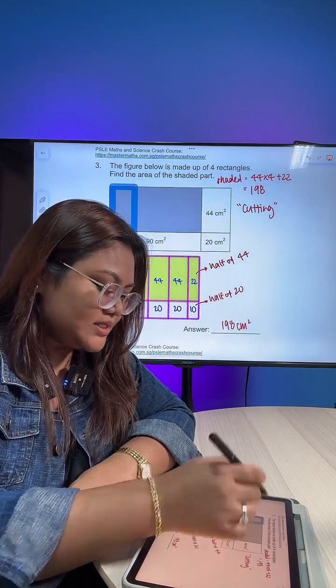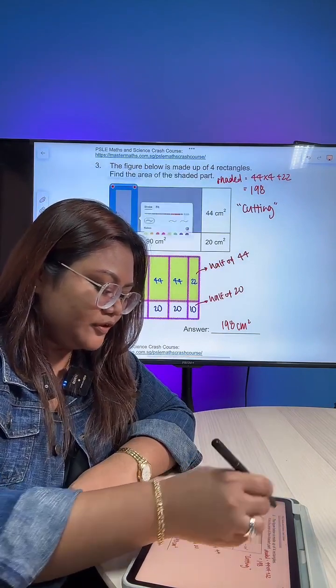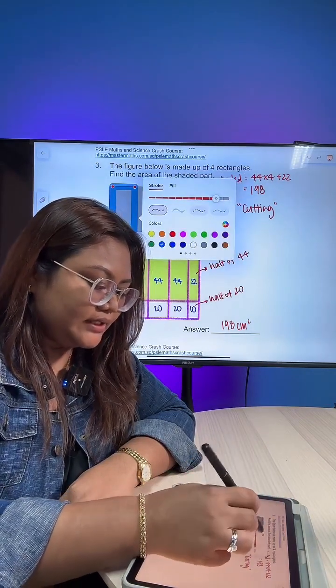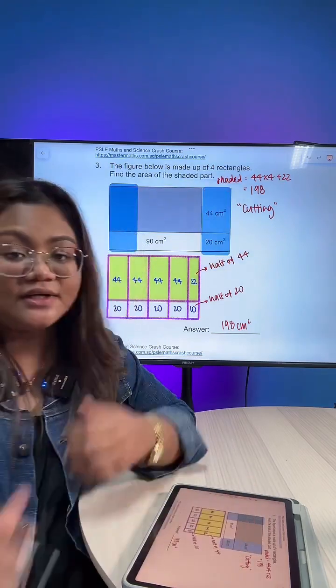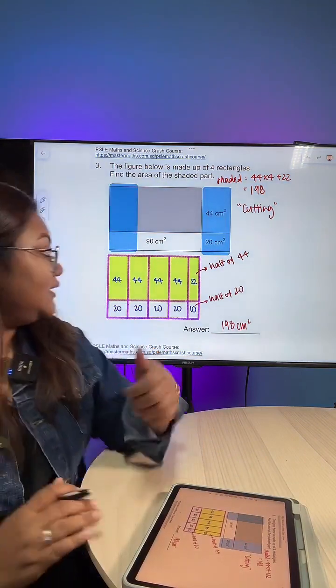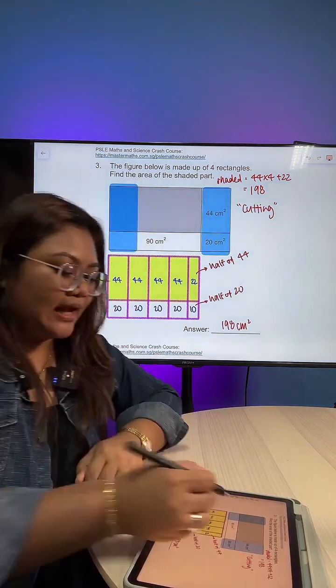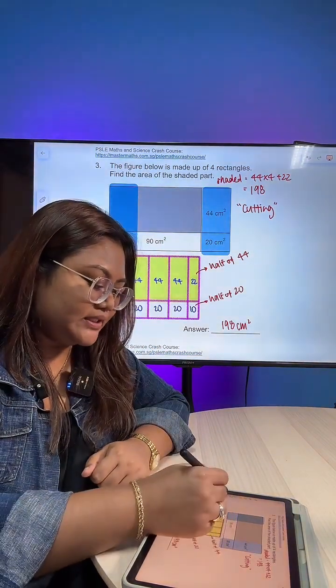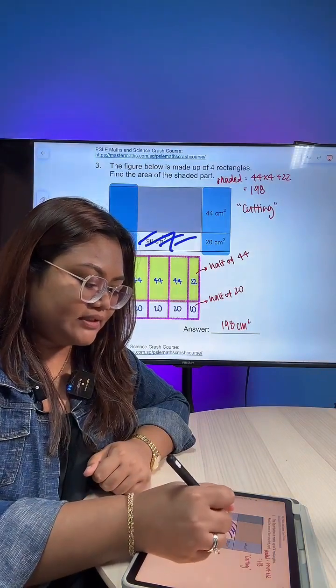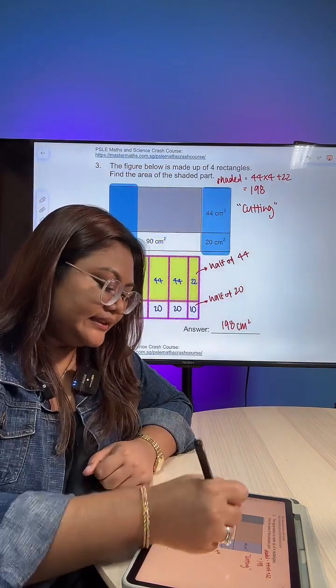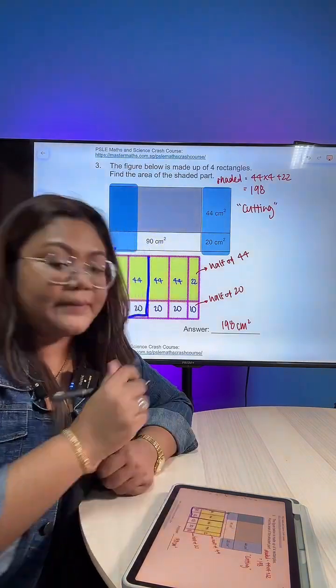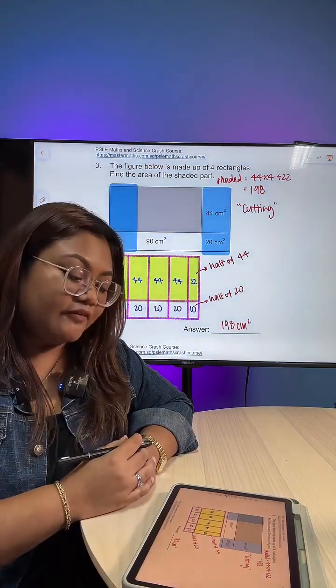This is my one set of the one in blue. Okay, this and this is the same size. Agree? Same size. So I take away 20, I am left with 70 here. Balance 70. Got it?